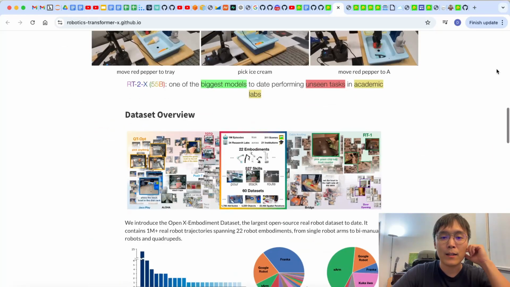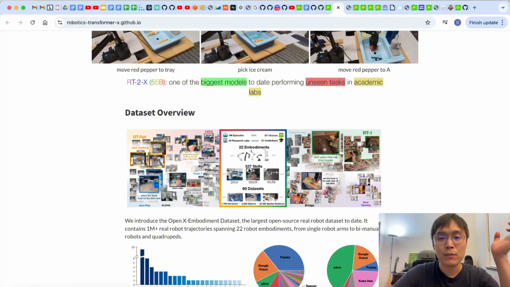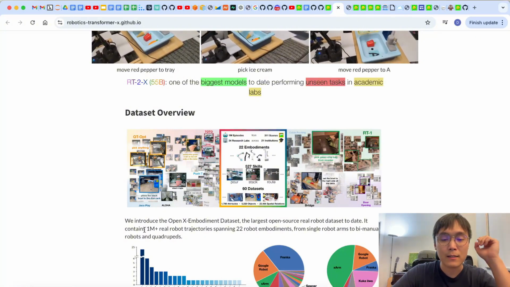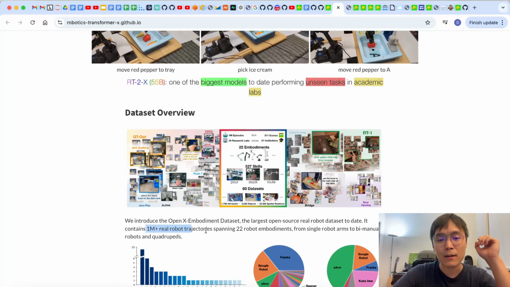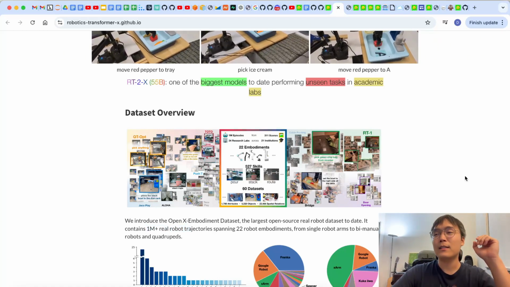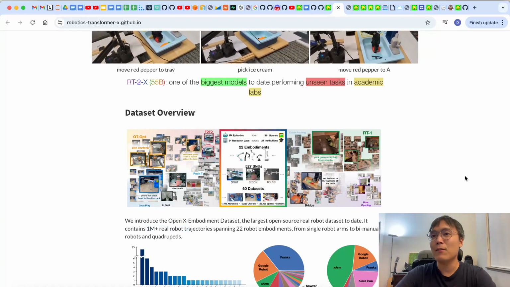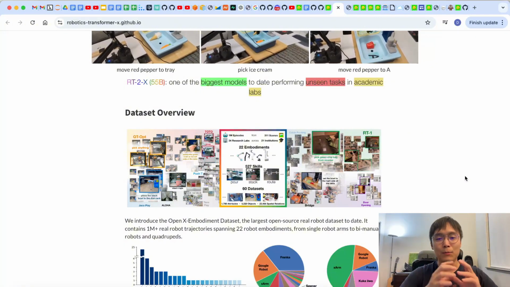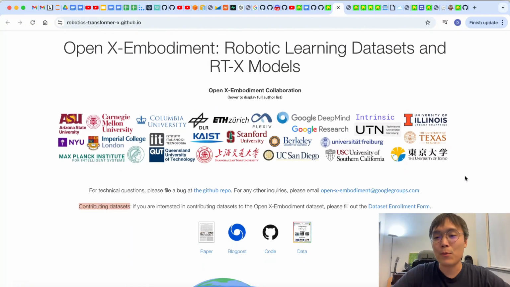Let's see, 22 robots, 500 skills, 60 data sets, and 1 million real robot trajectories. It's not to the level where LLMs are trained, like billions. A million is small scale data, right? But for robots, I think it's difficult to scale to the level of image or language data.